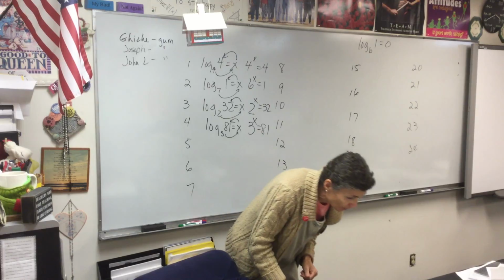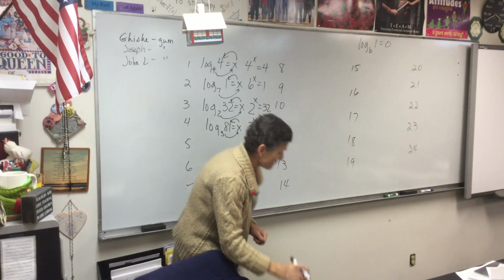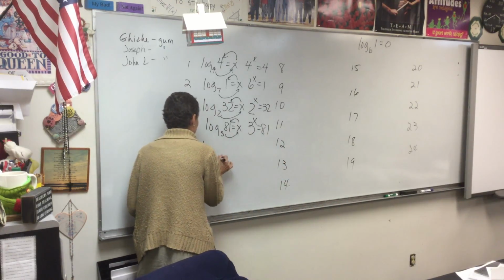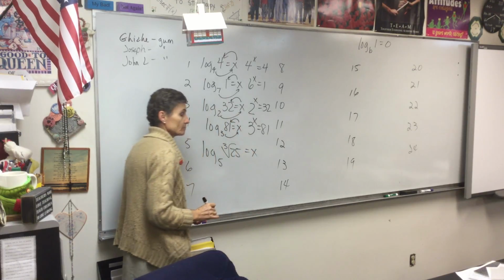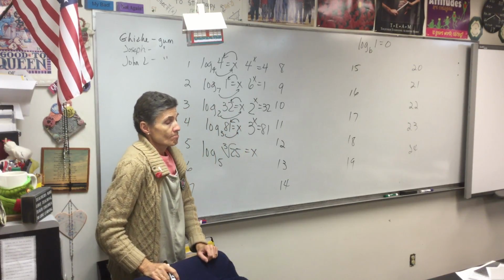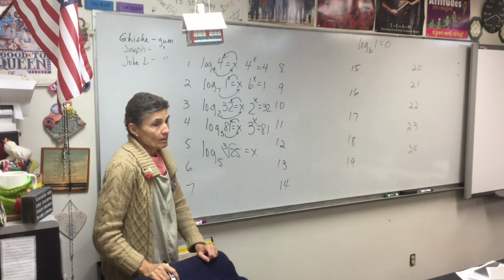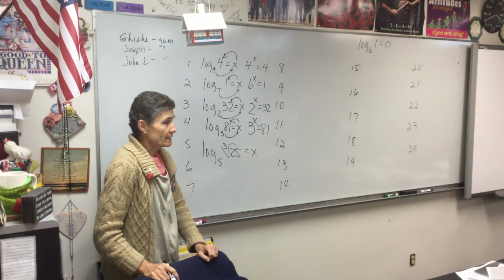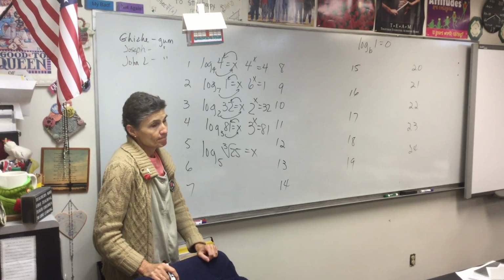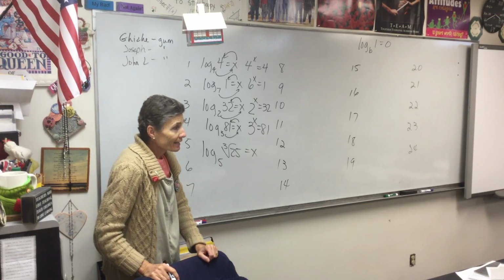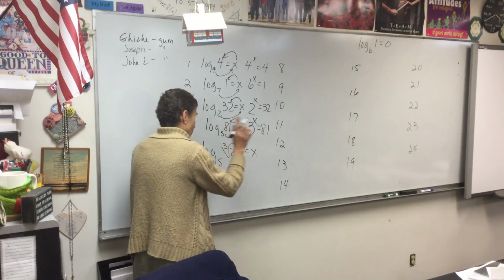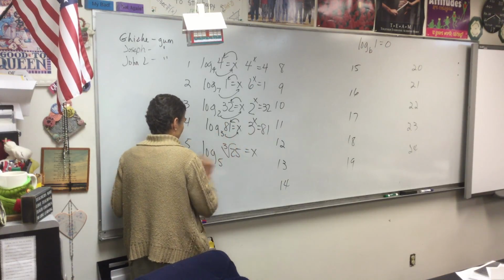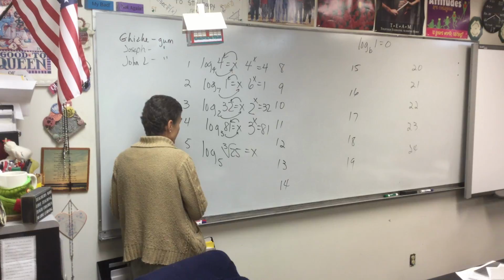All right, number 5. Oh my, it's getting a little harder now. Log base 5 of the cube root of 25. Radicals do not live in logarithm land. We do not like radicals in logarithm land. A couple of days ago, we talked about this, and that's why we talked about it.